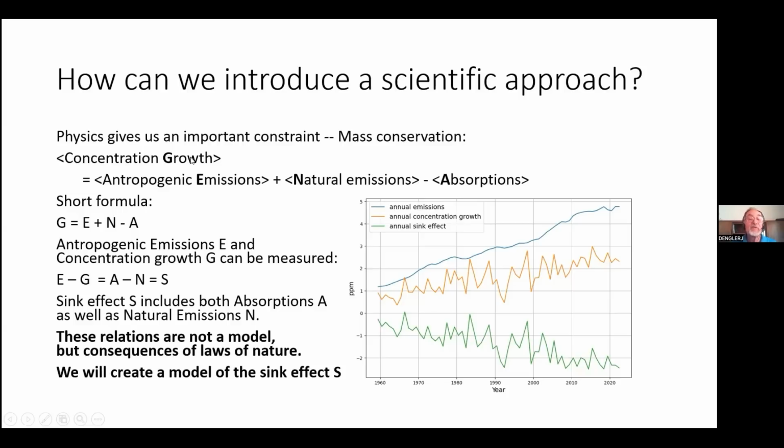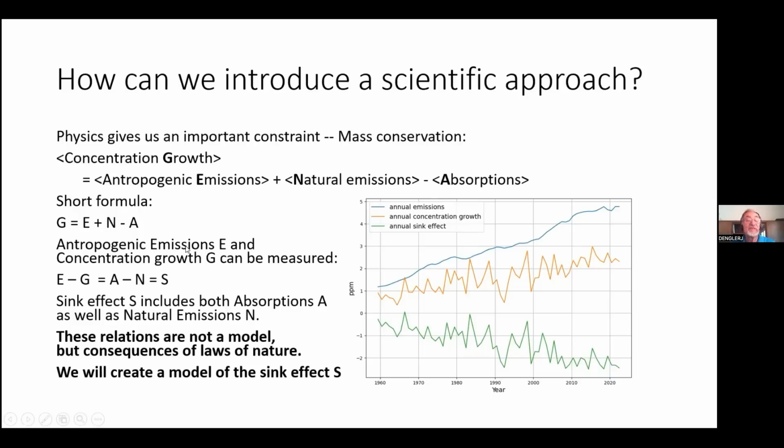And so concentration growth is the result of both anthropogenic emissions and natural emissions minus the absorptions. Physicists like short abbreviations and formulas. So the concentration growth, G, is anthropogenic emissions plus natural emissions minus absorptions.